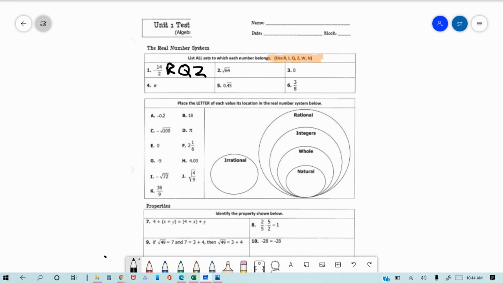For number 1, can you see my screen? You're going to have to split your screen so that you can see my screen and yours, or you'll have to make notes on a piece of paper. Why?